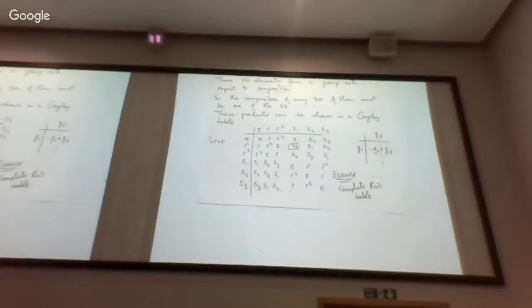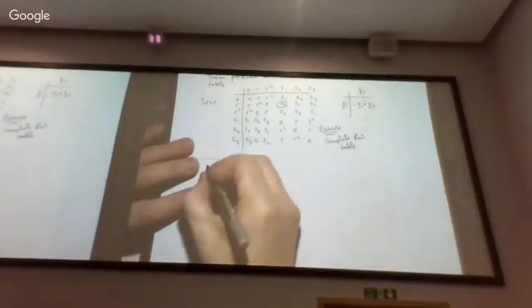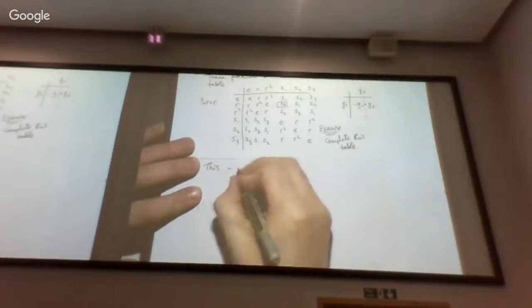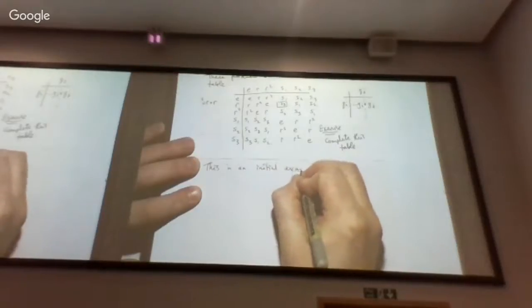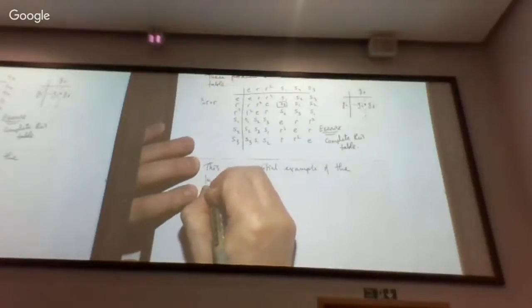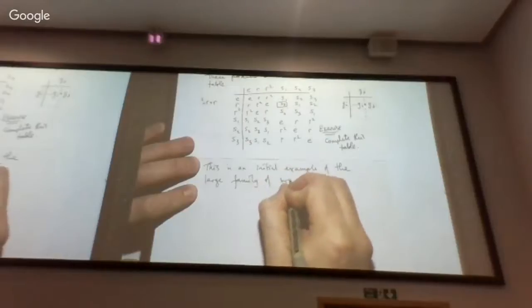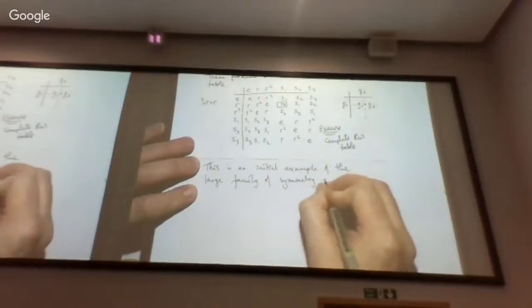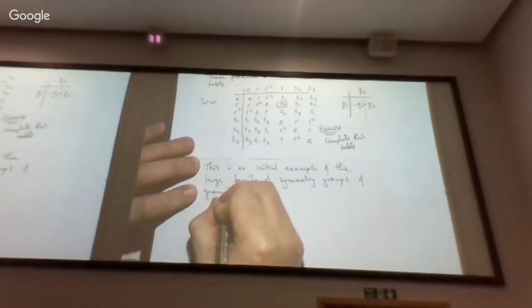We can also talk about symmetry groups of 3-dimensional objects, any dimensional object. Okay. So this is an initial example of the large family of symmetry groups of geometric objects.